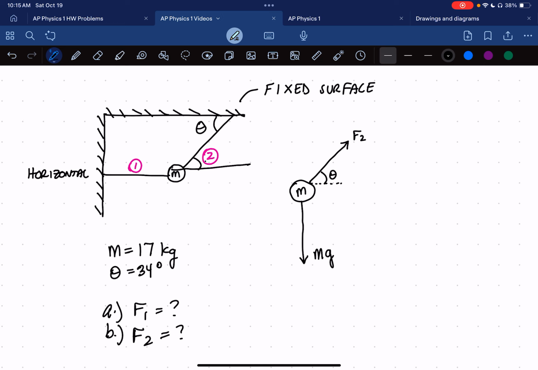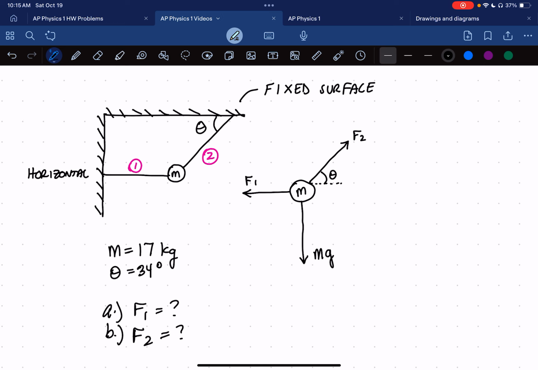This is angle theta as well, right? These are parallel lines, so that's how we draw it over here. And we have a tension force going off horizontally. Let's make the line here. And we'll call this tension force F1. Okay, and that is static. It's not accelerating. All the forces are balanced.